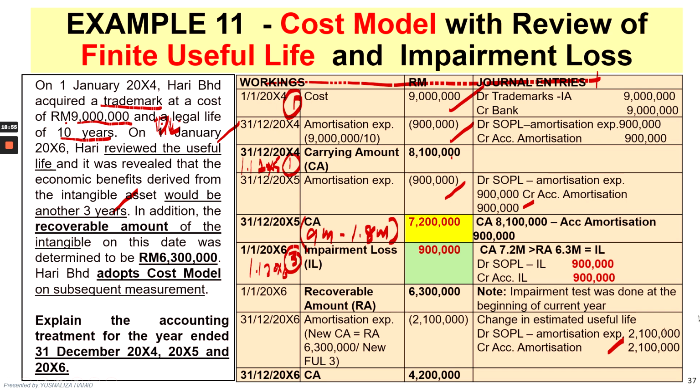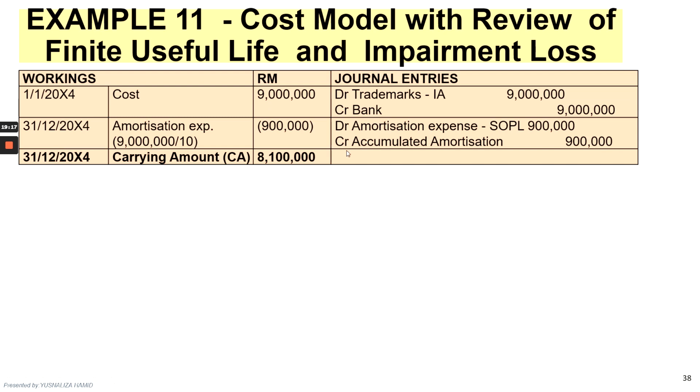And by the end of the third year, remember there is 3 years here, 1, 2, and 3, because that was for 1st of January 2000 x4 up until 31st of December 2000 x6. We will move on to the next part.